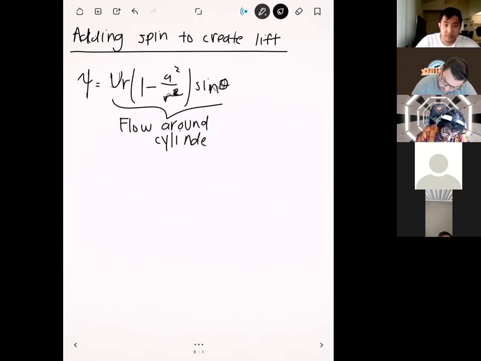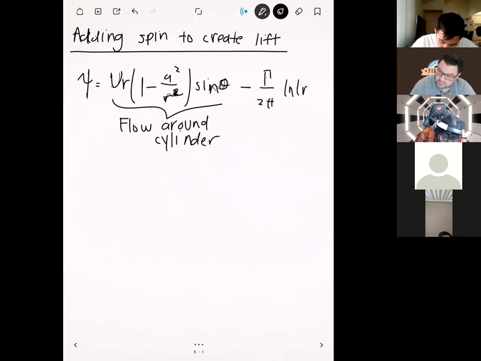And then to this, let's add a vortex. This is our formula for an ideal vortex, a counterclockwise vortex with circulation gamma.